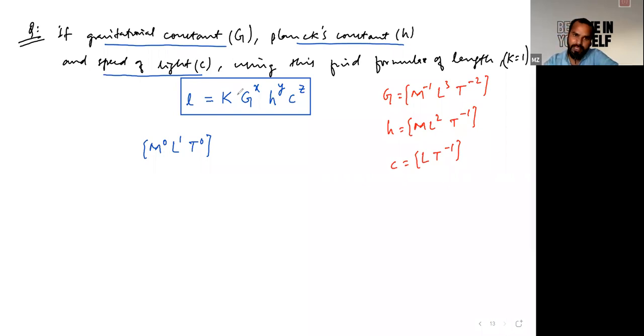Just put the dimension of capital G, this, h, this, and c, this. And try to simplify to calculate the exponent of M only, L only, and T only. First, try to do so. Rishan, just put the dimension of each quantity in its respective position.